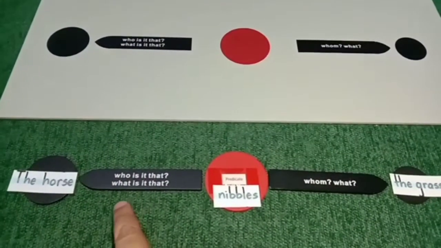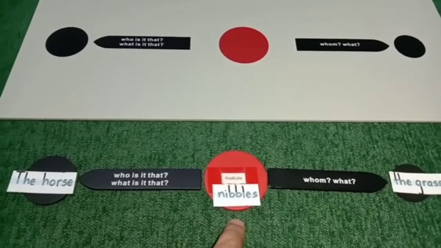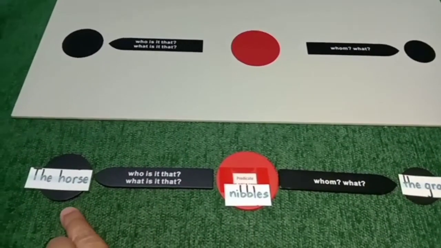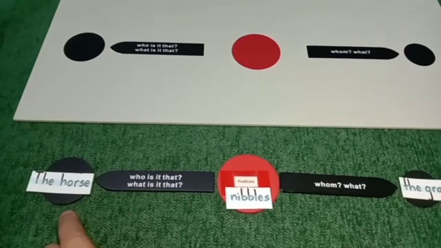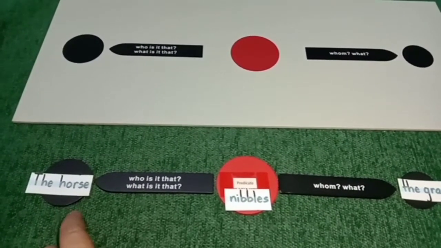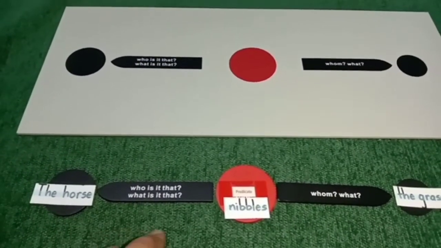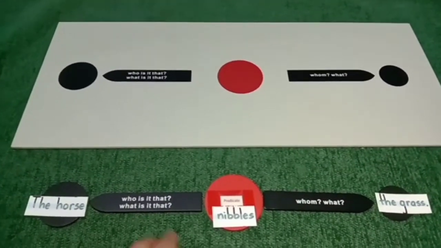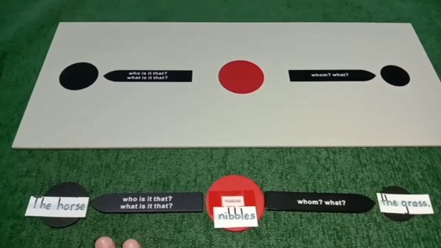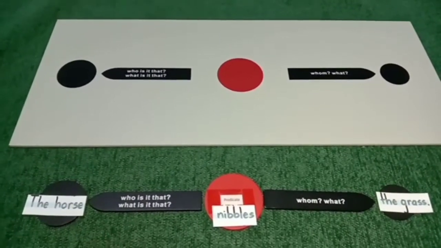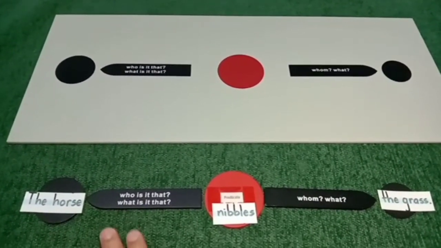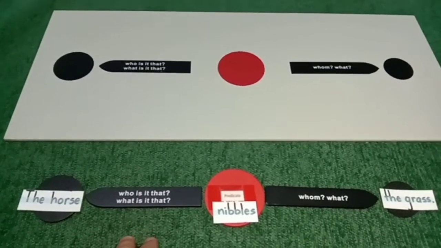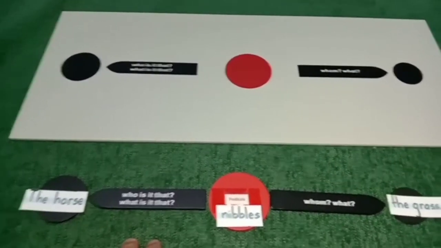Now, what is it that nibbles? The horse. So the horse is the one that is doing the action. Now, we call the noun that is doing the action a subject.